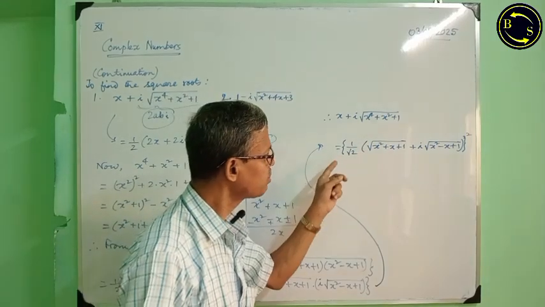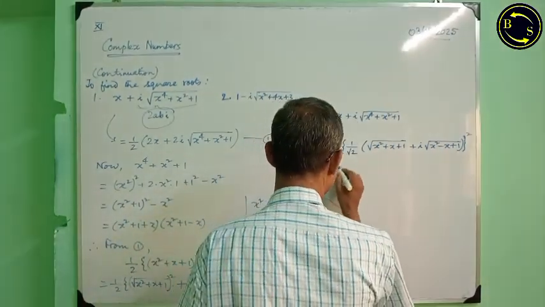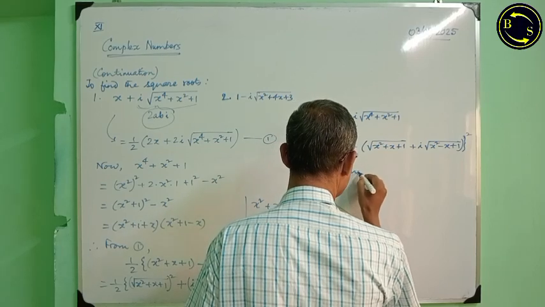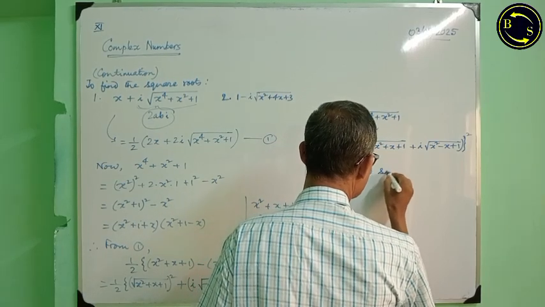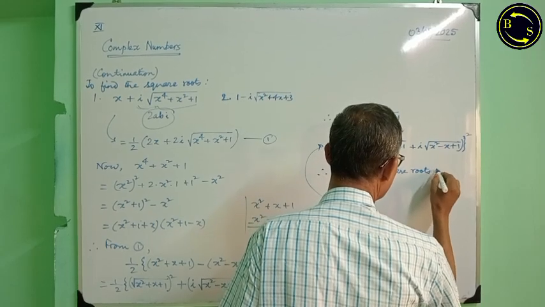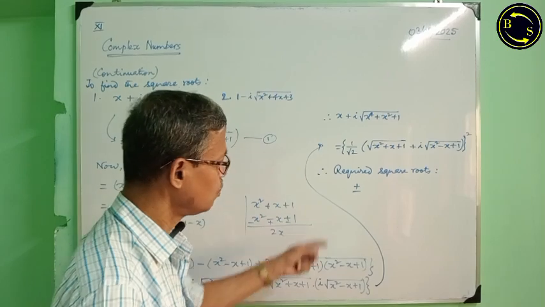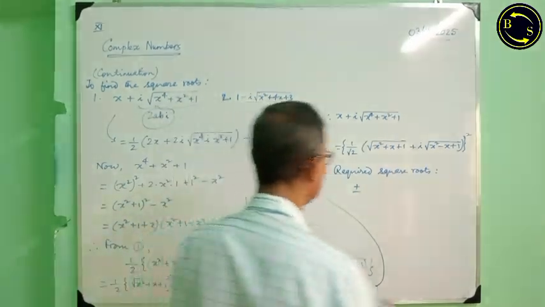This expression is expressed in the square form, therefore require square roots. Don't forget to write this plus minus symbol.